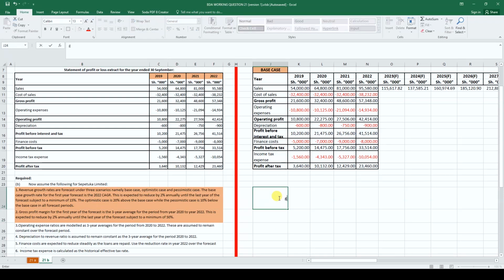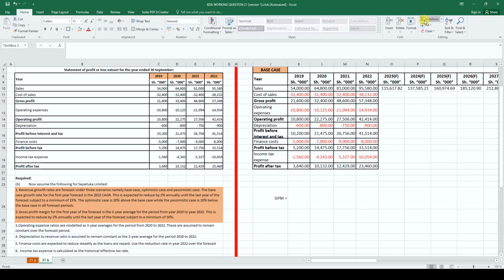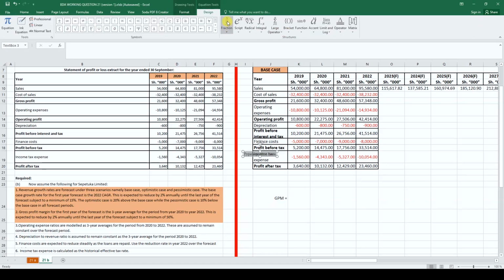So gross profit margin, allow me to use caps, GPM is equals to, we write the formula right over here. So we come to insert next to home, then we put the equation there, fraction, come to this one here like that.